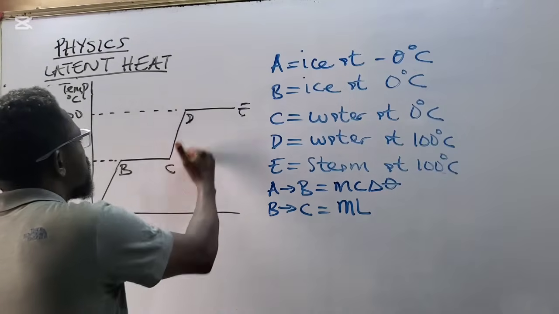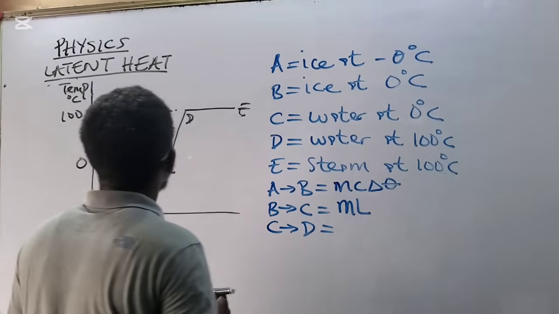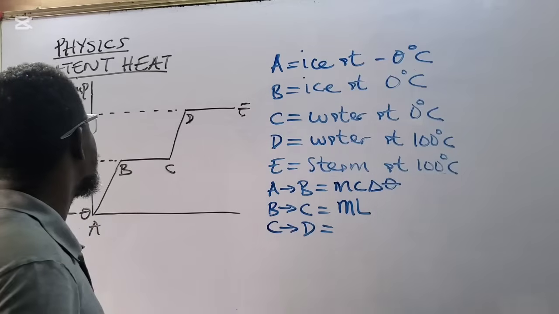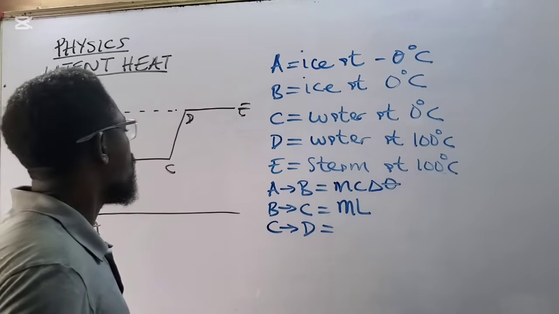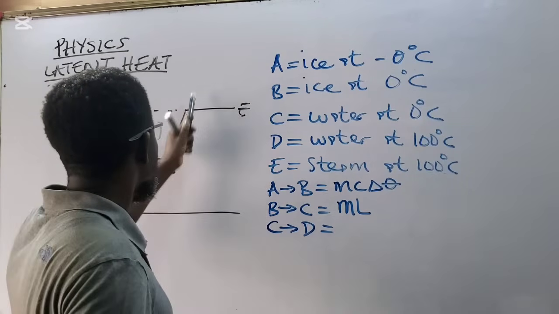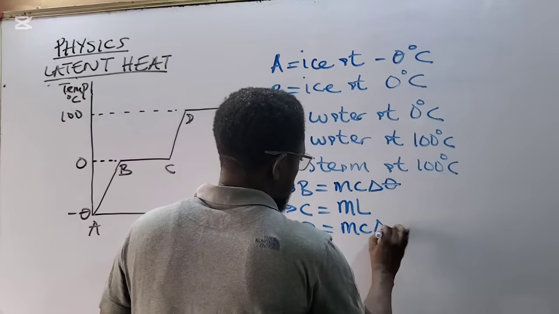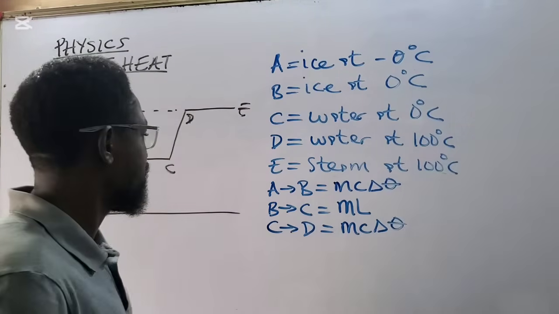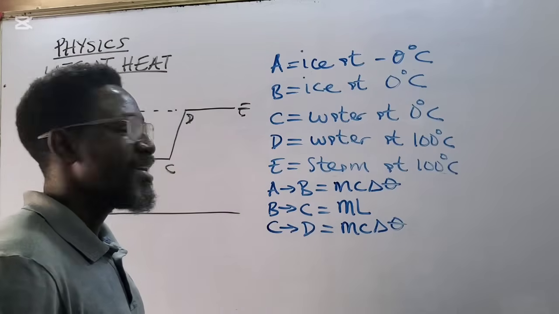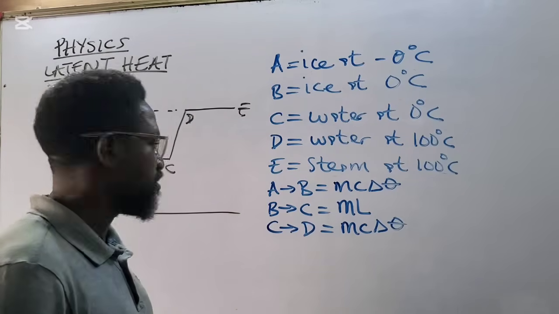Then for C to D, you want to convert water at 0 degrees C to water at 100 degrees C. There's an increase in temperature, so what we have is mc change in theta. M represents the mass of the water, and c represents the specific heat capacity of water.